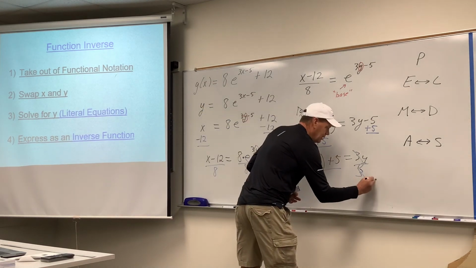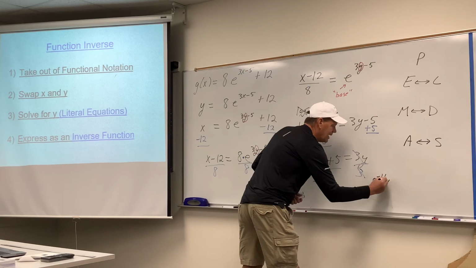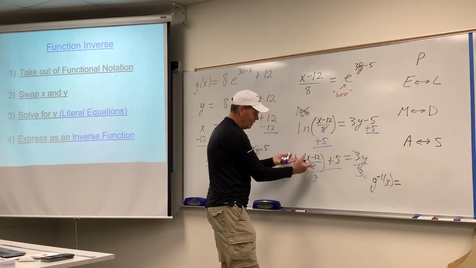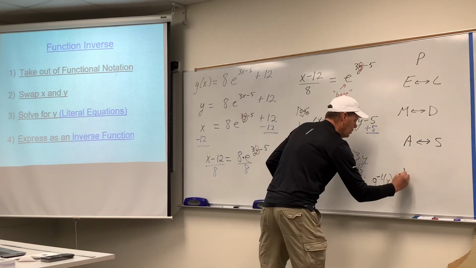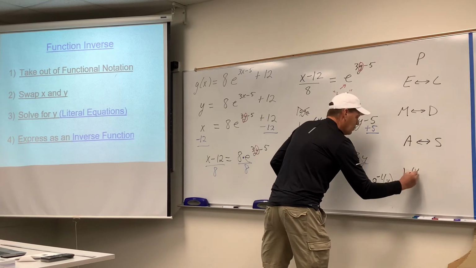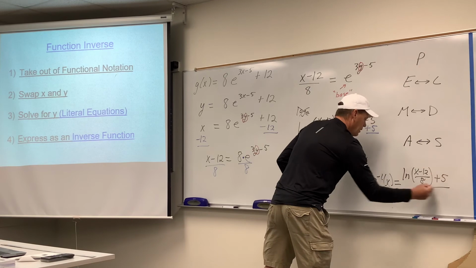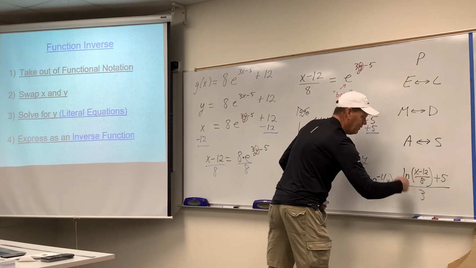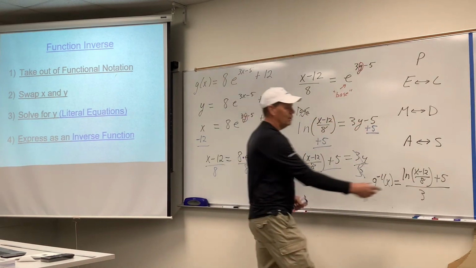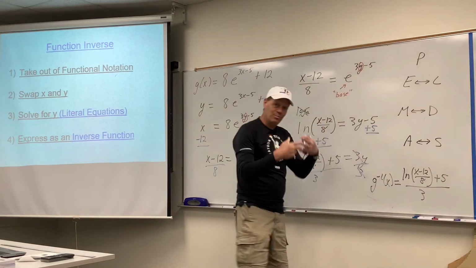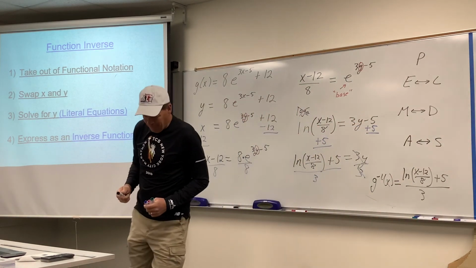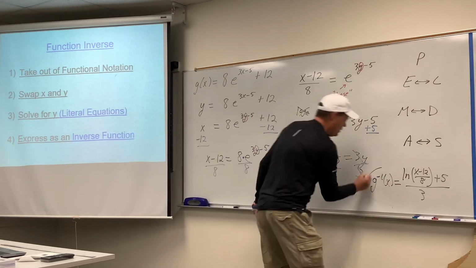So we're going to write g inverse of x equals, and we just copy down that formula that we just built, the natural log of x minus 12 all over 8 plus 5 all over 3. I hope that fits in the screen here. I think it does. You notice my blue line here on the board that tells me where the edge of the camera is, hopefully. And there's our answer.